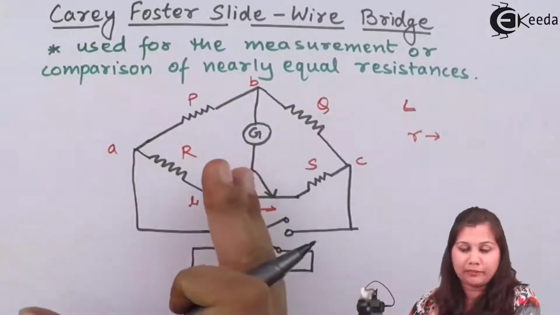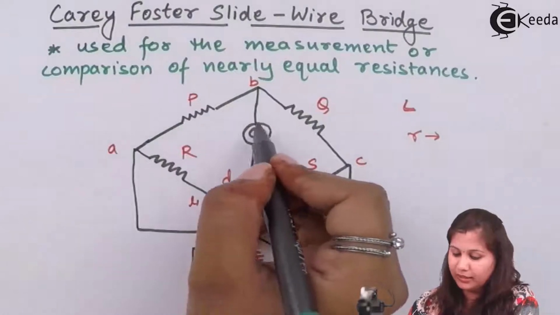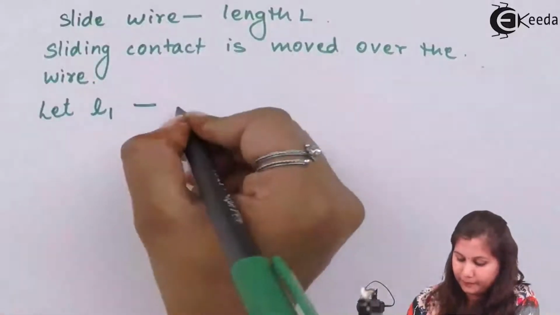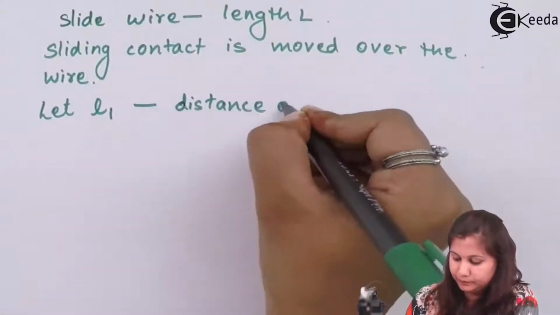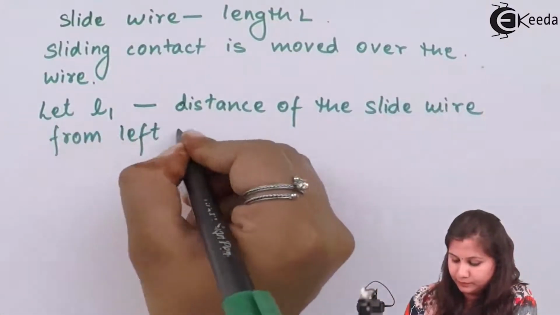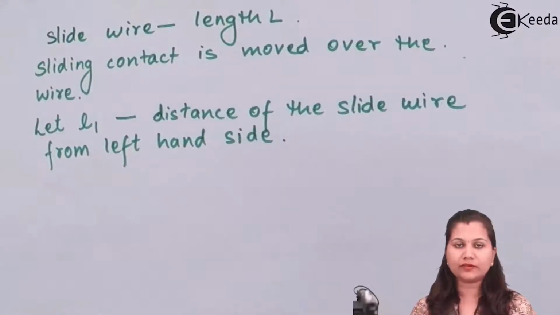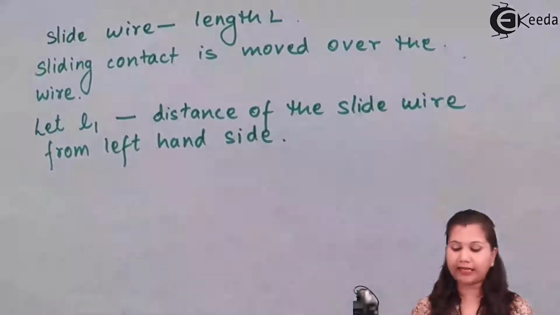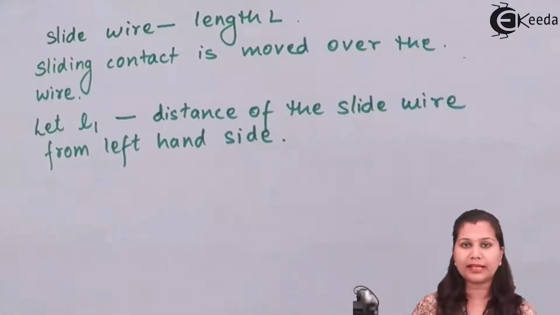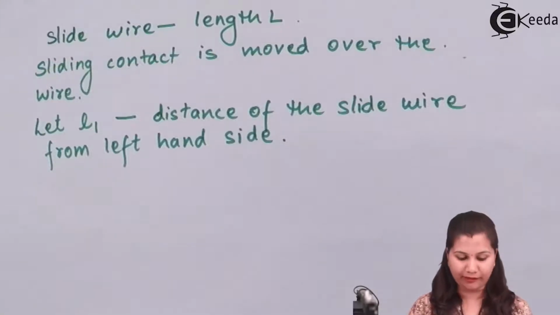Suppose at the length L1 we get the null deflection in the galvanometer.